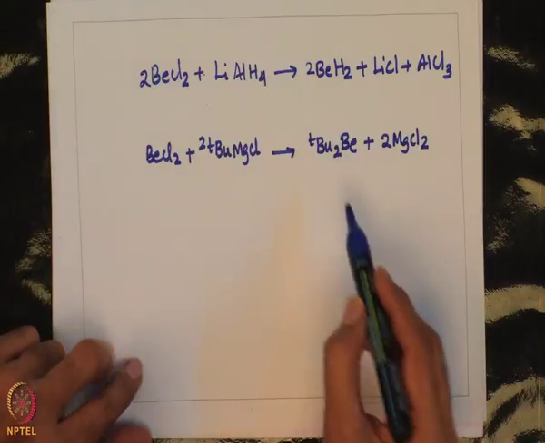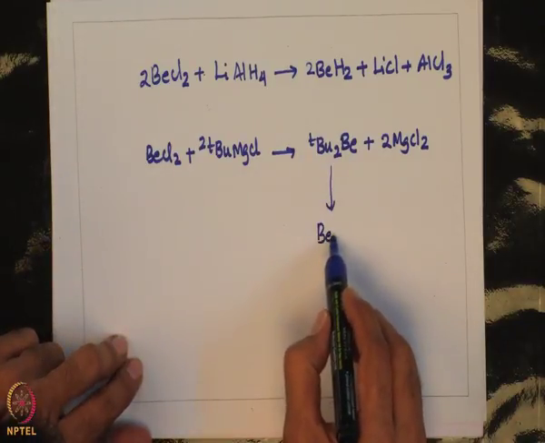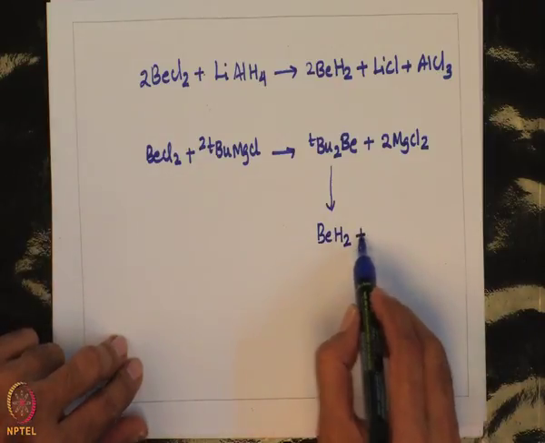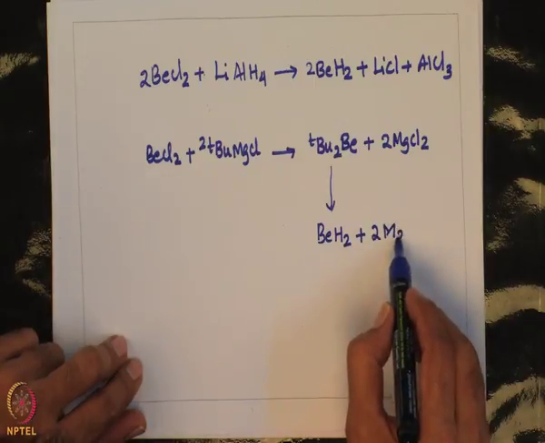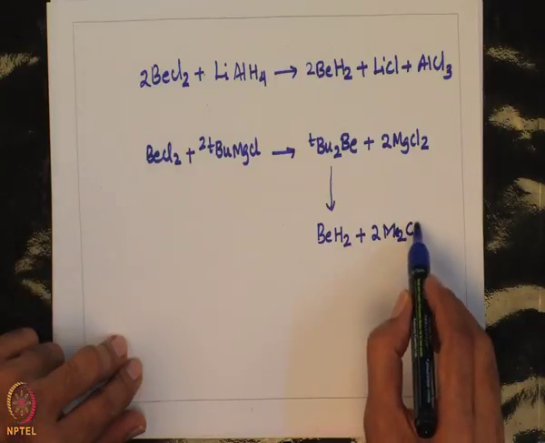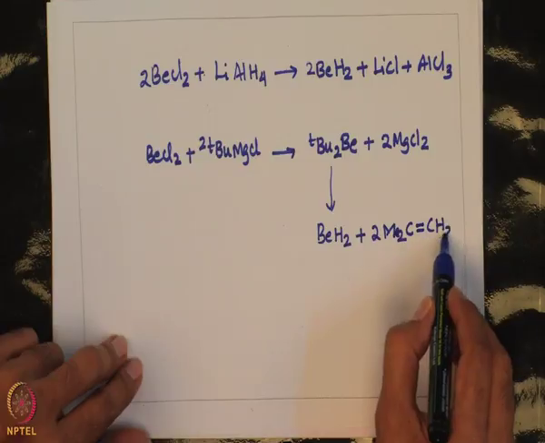Ditertiary butyl beryllium, on heating, forms beryllium hydride plus two equivalents of propene.